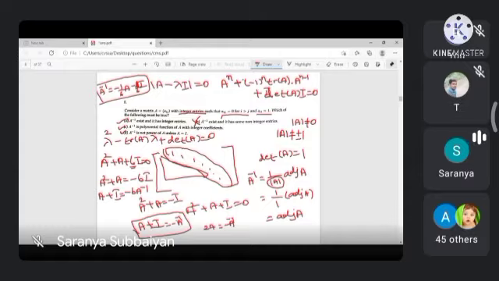So the shortcut is: if the matrix is upper triangular and the determinant of A is plus or minus 1, then A inverse exists and it has integer entries. That is the formula. Based on that, you can find the C and D options, right? When integer entries come, the determinant of A is plus or minus 1. You should remember that one.